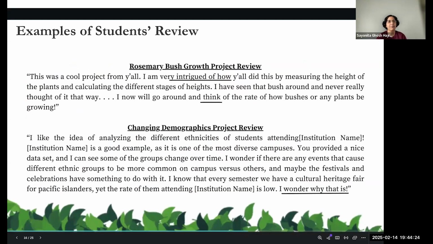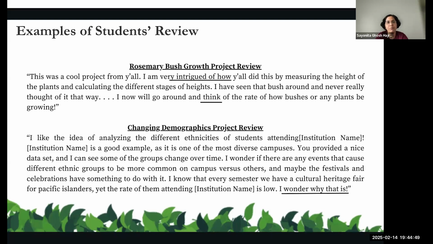And after students posted their group's work, these are some individual students' reviews. So one student who was reviewing the Rosemary Bush Growth Project wrote, "This was a cool project from you all. I'm very intrigued by how you all did this by measuring the height of the plants and calculating the different stages of heights.